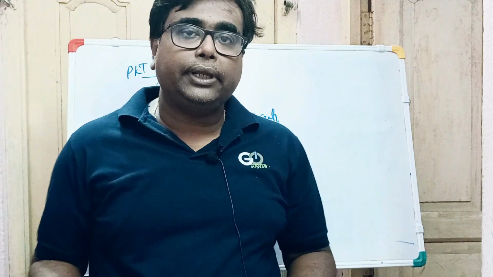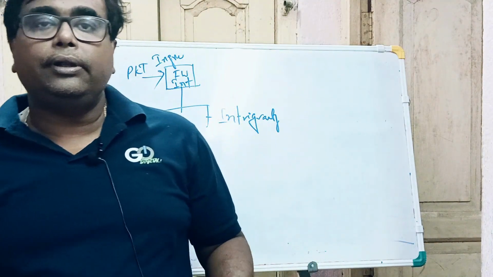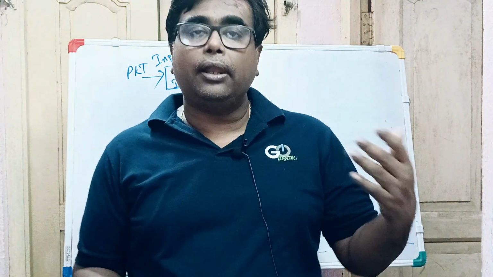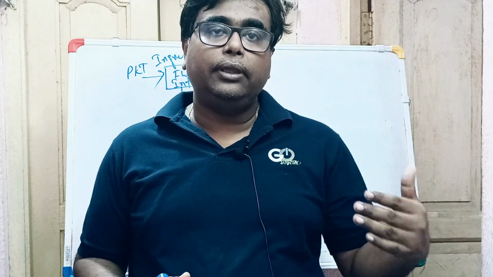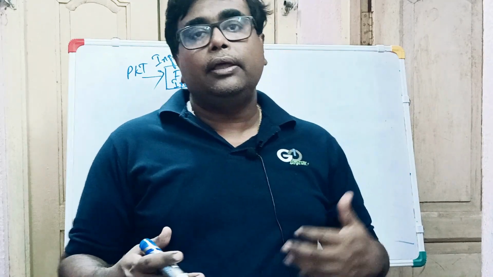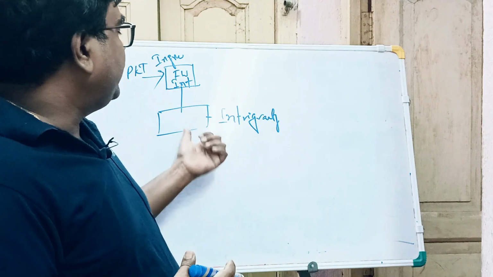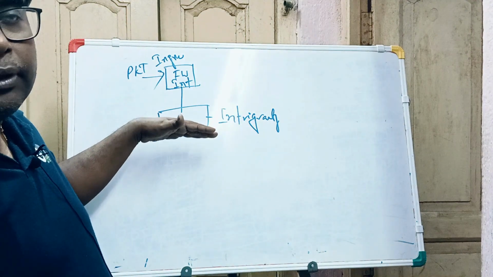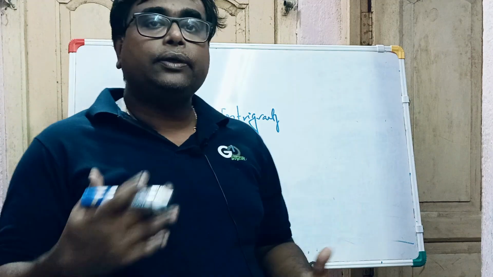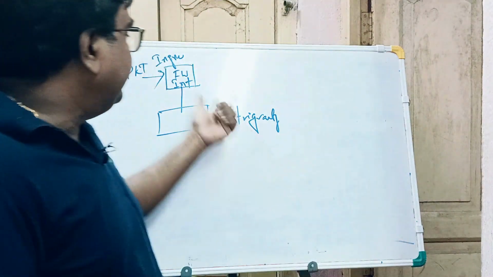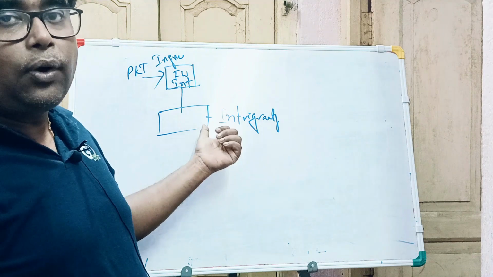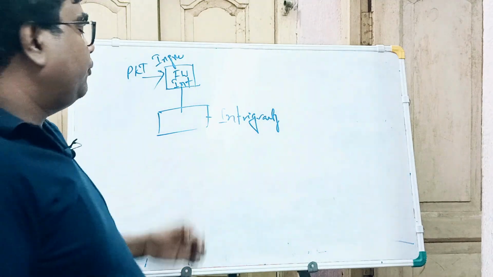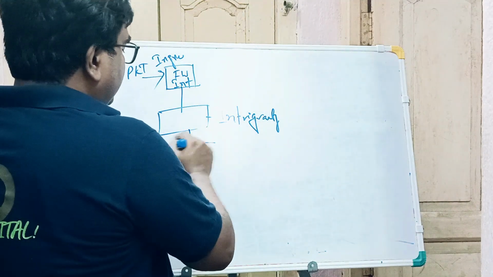What is the integrity of the packet? The headers of the L3, L2, and L4 packet are checked to understand whether it is a legitimate, correct packet or whether the packet has been altered somewhere.